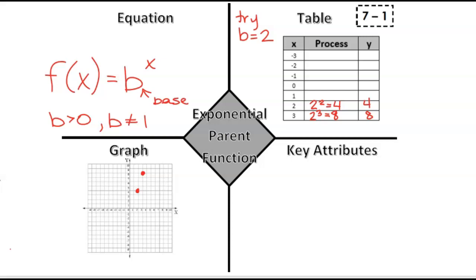Okay. What about the next one? What's the base? 2. It's always 2. That's what we're trying, is a base of 2. What is 2 to the power of 1? Okay. So I'm going to go plot the point 1, 2. Sure looks like it might be a parabola, huh?